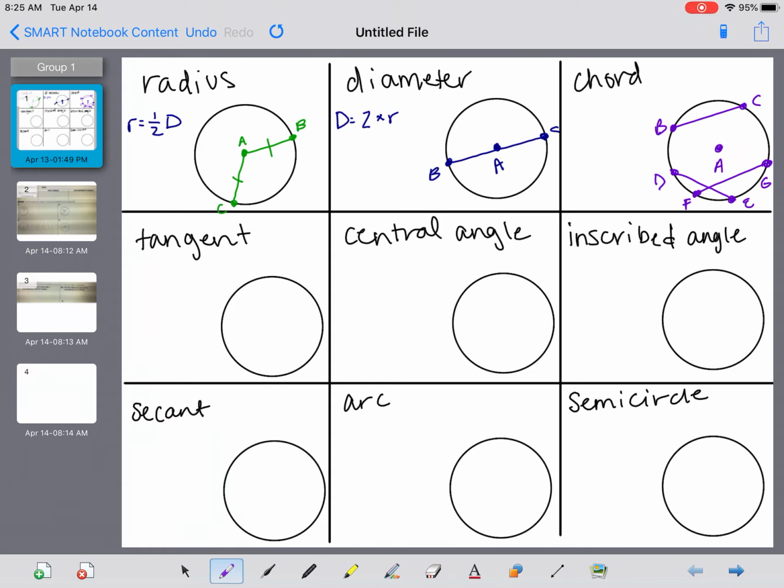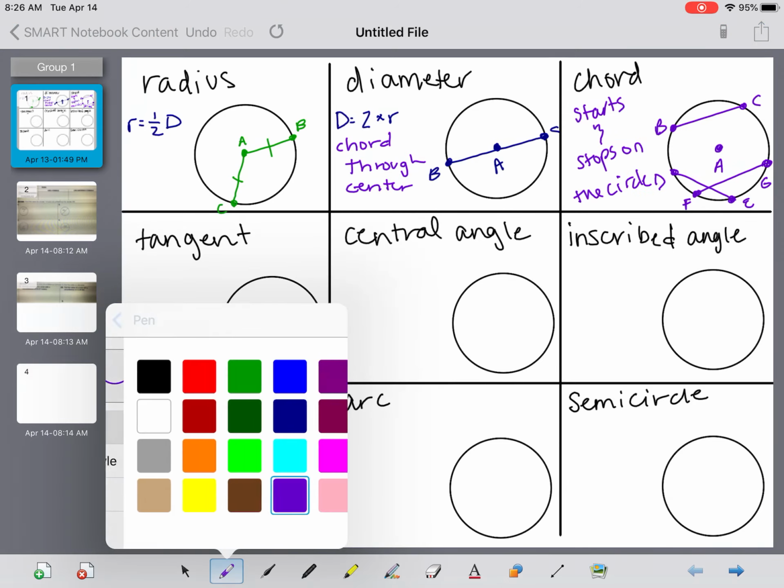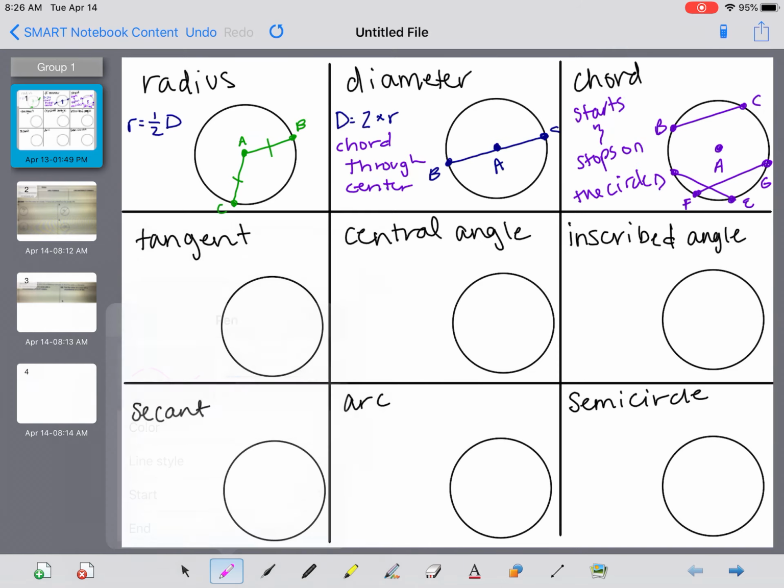Any line segment that starts and stops on the circle is a chord, and the diameter is a special type of chord. So a diameter is also a chord. A diameter is a chord that goes through the center. And a chord starts and stops on the circle.